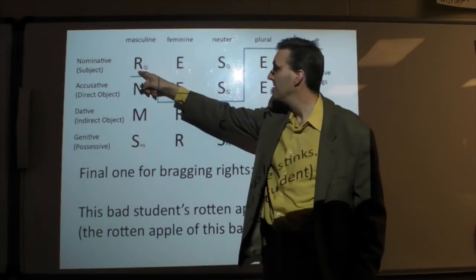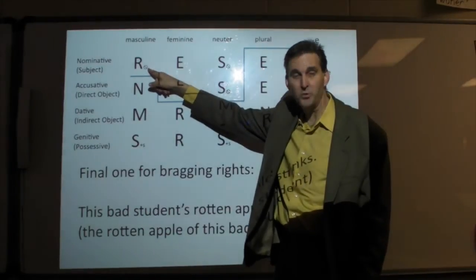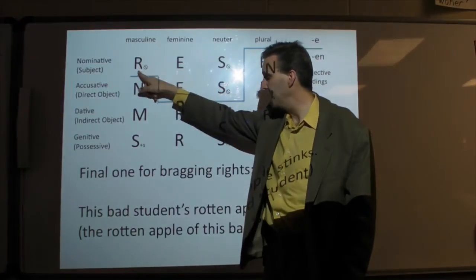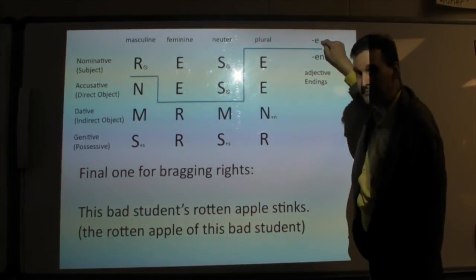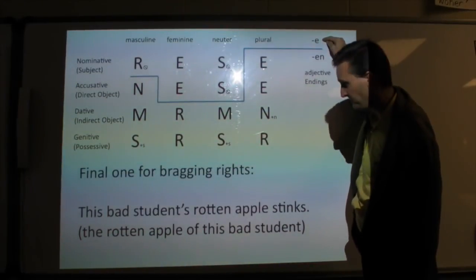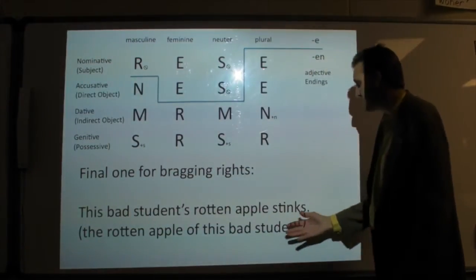And we have here, does the der drop its endings? Once again, no, only ein words drop the endings, so we keep the R. So, der, and then the rotten is going to need this. That word is verdorben, so verdorbene, der verdorbene Apfel of this bad student.